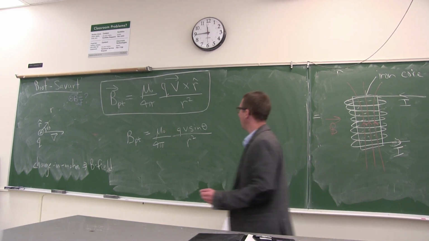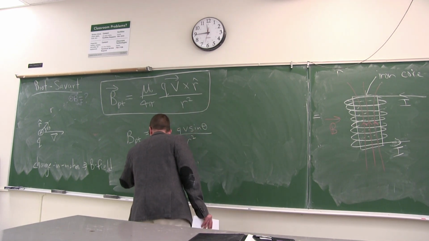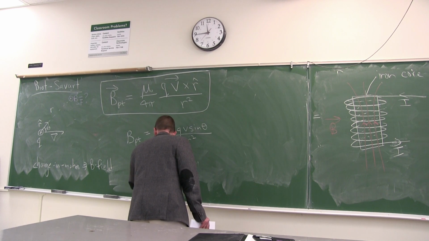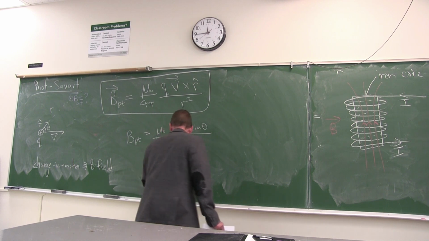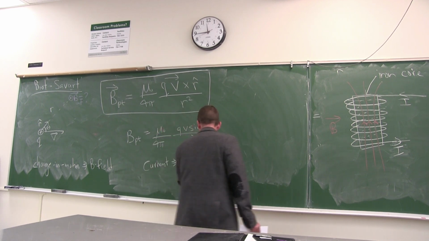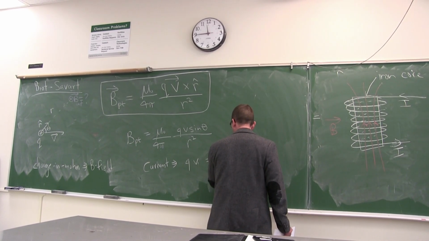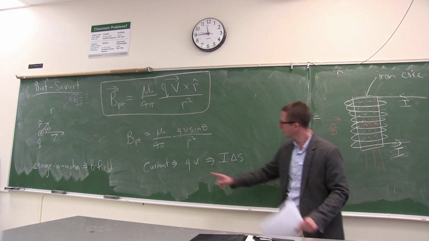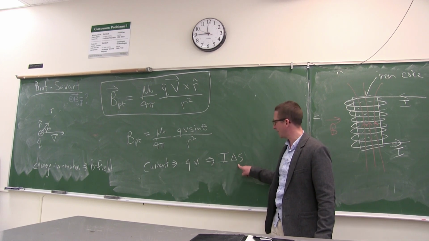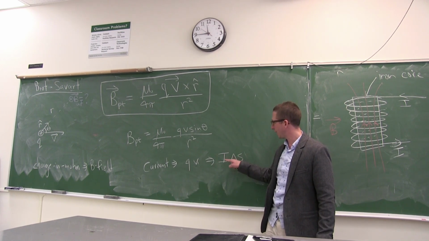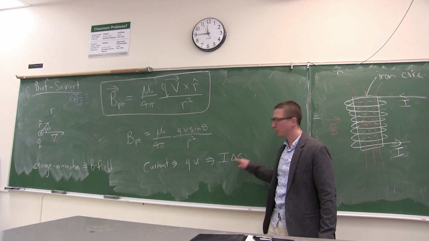for a current, I can take the QV and replace it with an I delta S. QV goes to I delta S, because current is just charge per unit time multiplied by a distance.